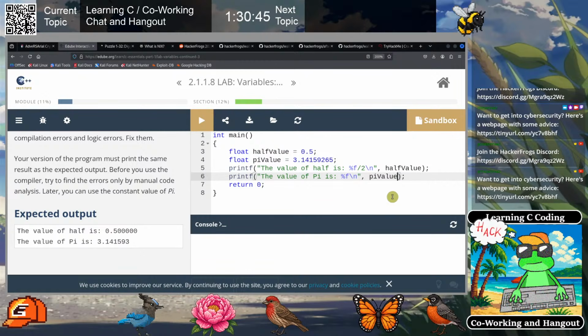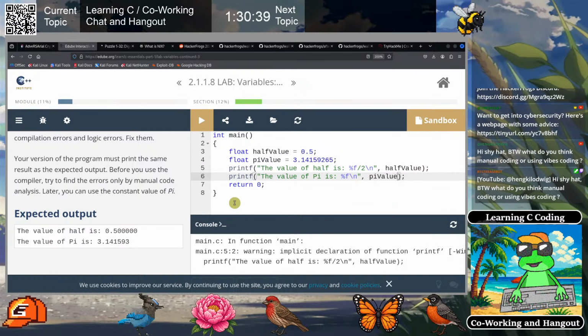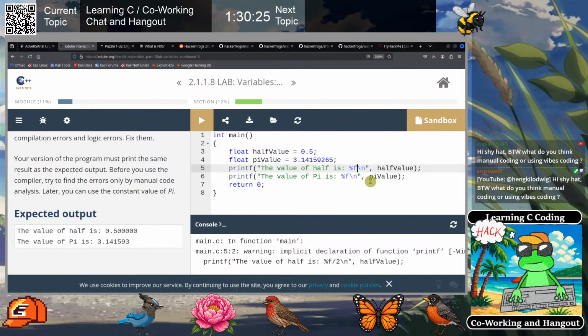All right, we'll try running it. Return 0, int main. Okay, so there's something wrong. So line 5. Oh, okay. Yeah, there's some extra stuff in here. Let's get rid of this. And I think this should be fine, okay?